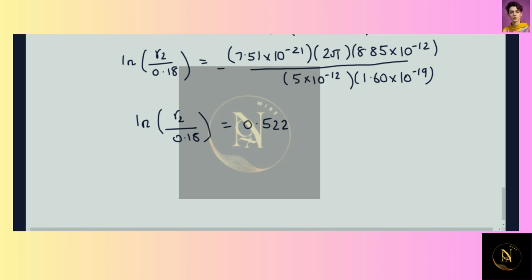And we can exponentiate both sides and we get R2 divided by 0.18 is equal to e to the 0.522 power.